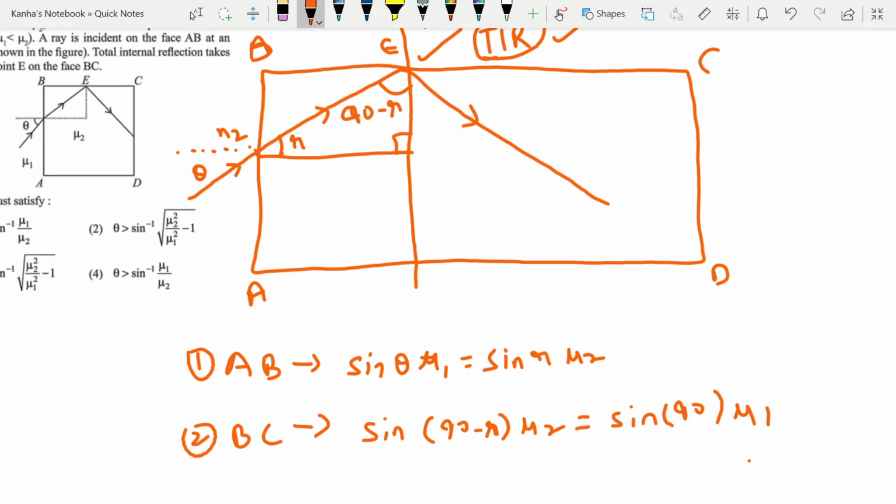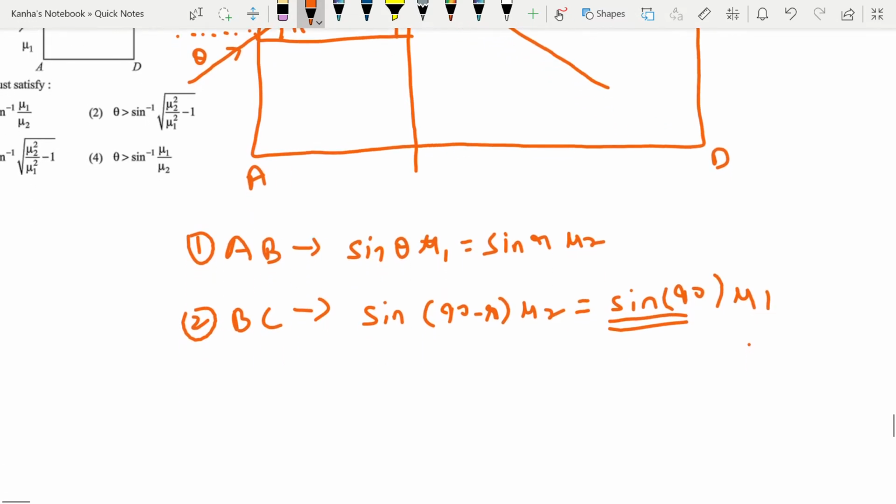This is the minimum that we can give. So sine of 90 minus R is nothing but cos R, into mu2 is equal to mu1, or I can write that cos R is nothing but mu1 by mu2.